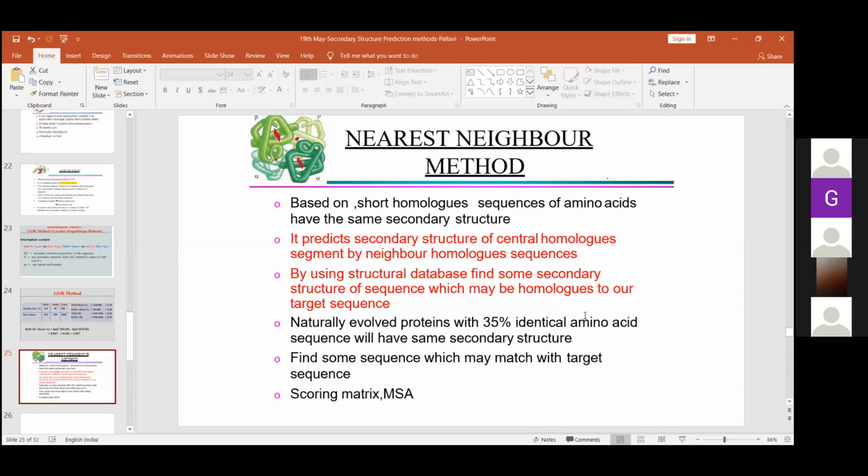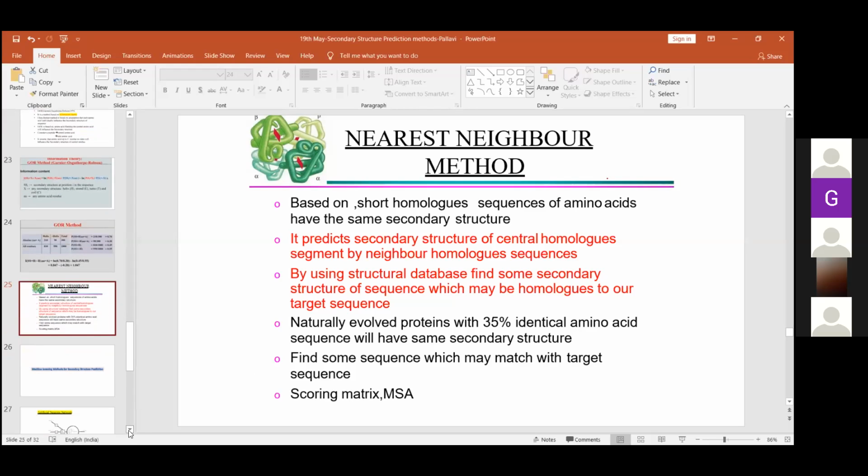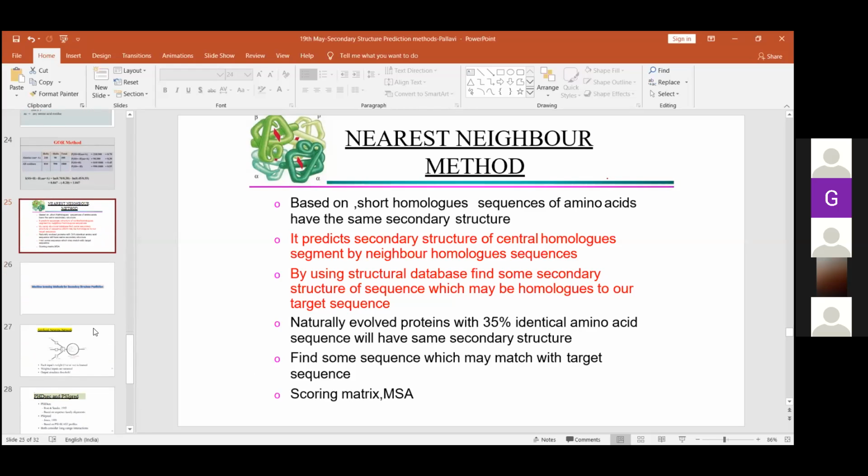If it is known that the homologs are existing in beta sheet, then your protein having identity value more than 35% will be assumed to have a beta sheet structure. So nearest neighbor algorithm is based on finding the nearest homologs and using the structural database to find out the secondary structure of the matching homologs.